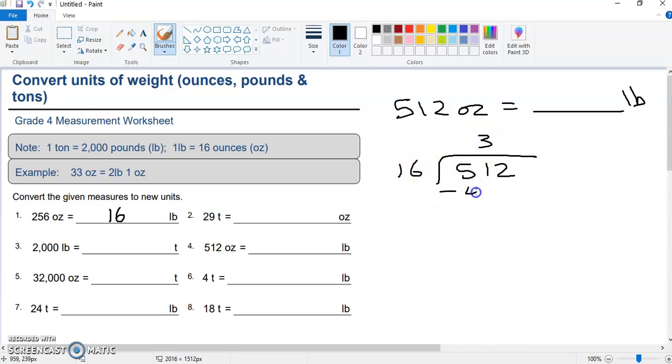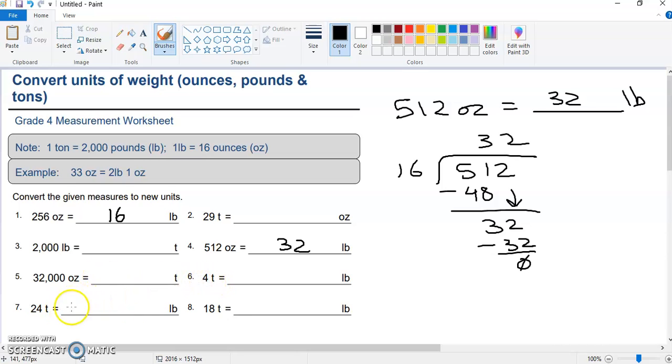So subtract 48. That leaves you with a remainder of 3 and bring down the 2. 16 times 2 is 32. Remainder of 0. So that means I have 32 pounds right there. So 512 ounces, that's a really large number, but if you convert it to pounds, it's much smaller.